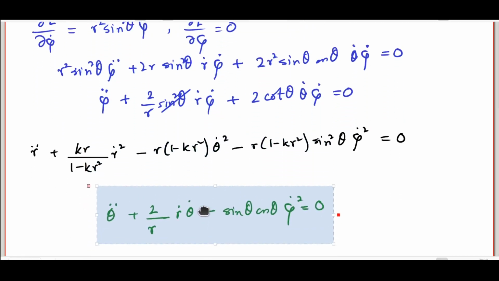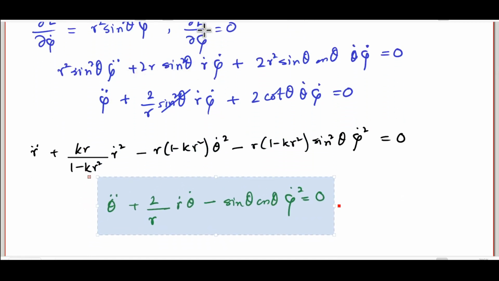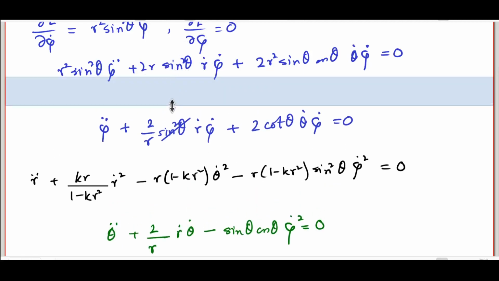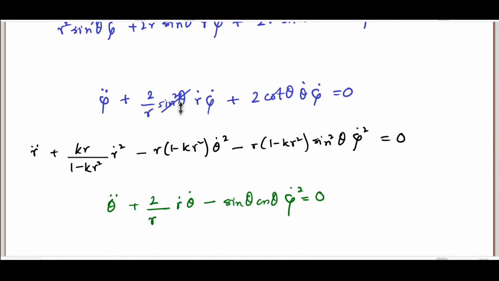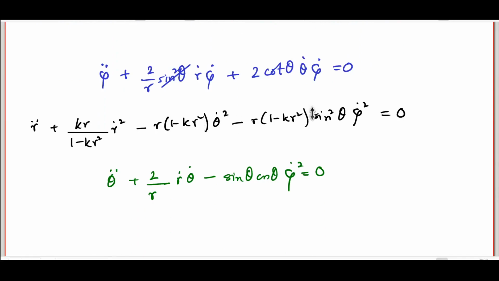So we have our three equations. This one of course is equation number 1, this is 2, this is 3, at least we are labeling our coordinates x¹, x², x³ with r, theta and phi in that order. And now we can immediately read off the non-zero gammas.